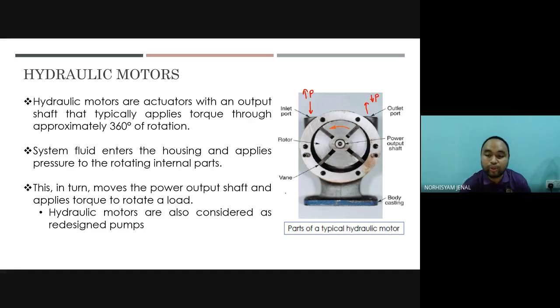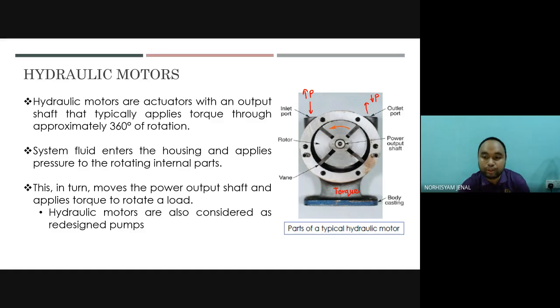Okay, once we do rotary calculation, it means that we are dealing with torque. Okay, and when you deal with torque over here, hydraulic motors are also considered as redesigned pumps, meaning a pump is moving by driving the rotor here, but for our study of motor, the rotor is spun by the liquid.